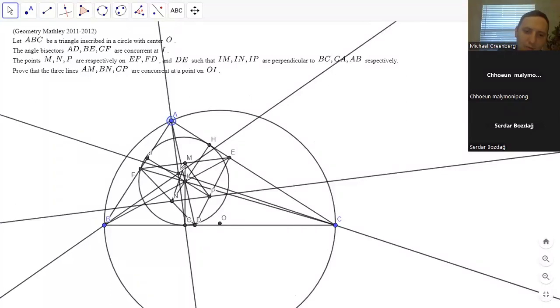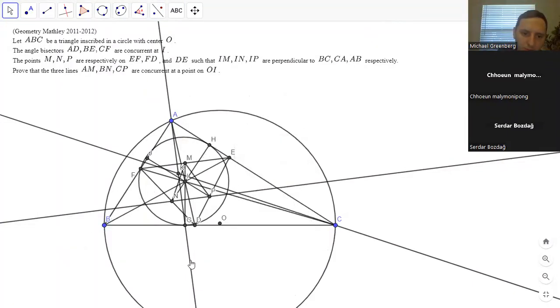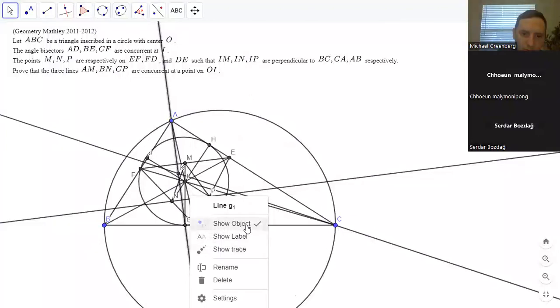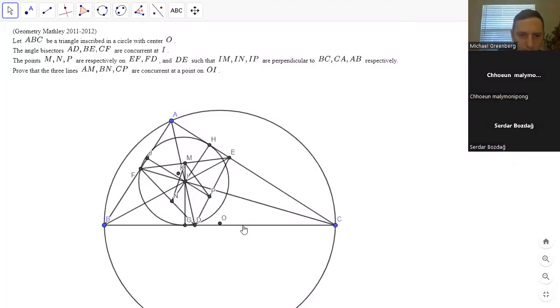Okay, so should I leave point K there for now? Yeah, you can hide other lines, just leaving K. Okay. So hide those lines? Yeah.